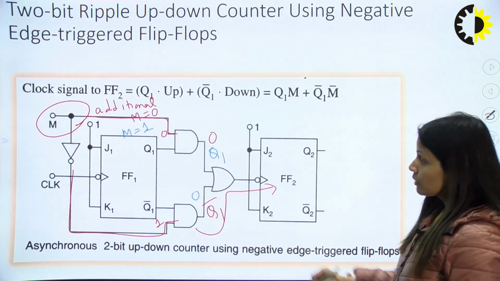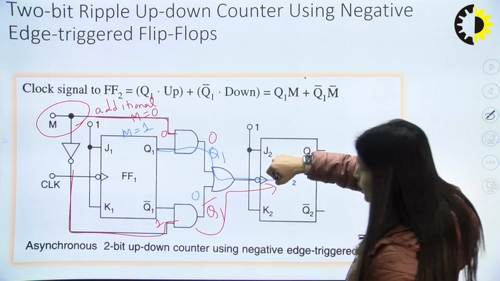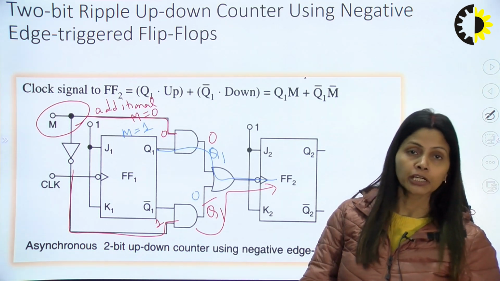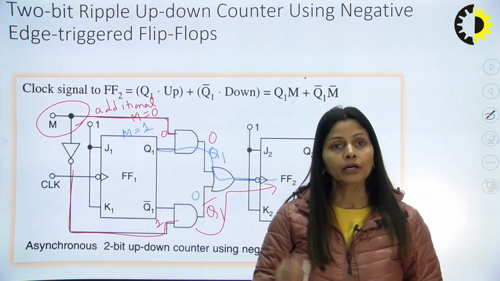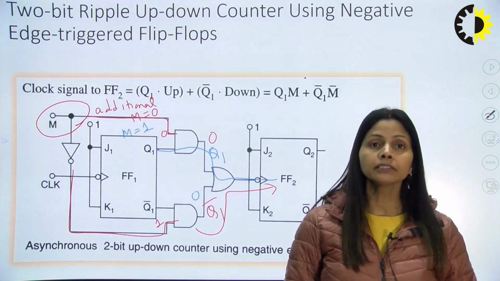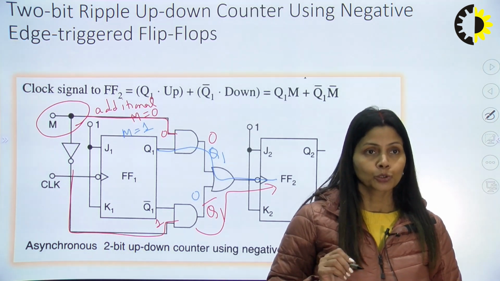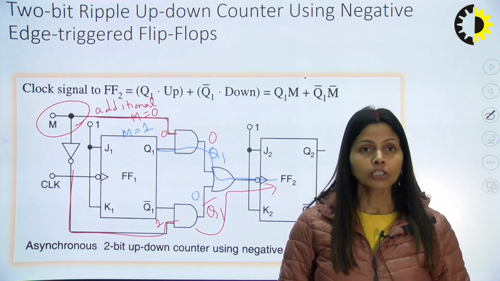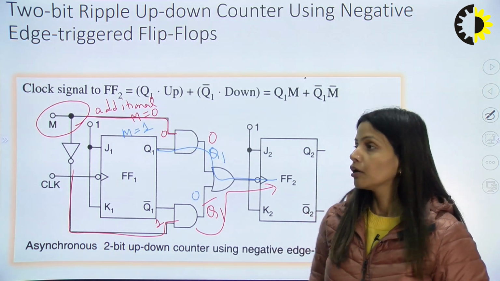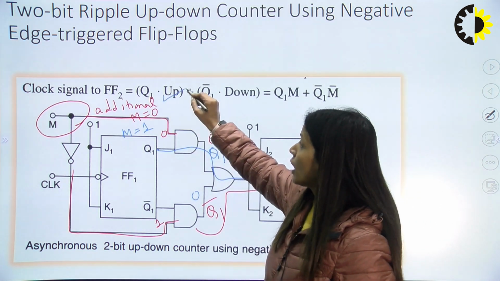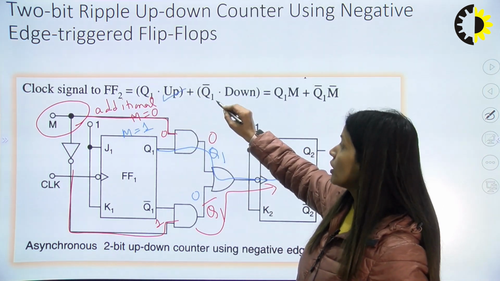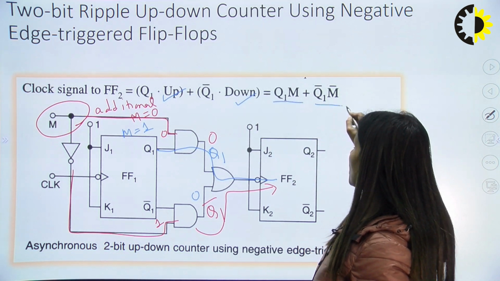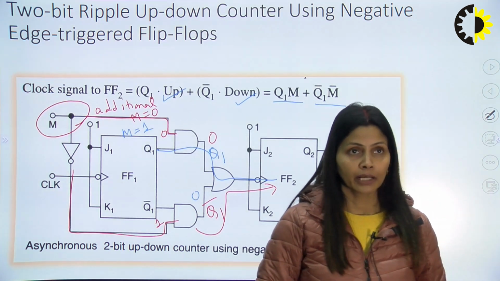Then my Q1 will be connected to the negative edge triggering of the next flip flop, and the counter will work as an up counter. So in conclusion, I can write the clock signal of flip flop 2 as Q1 into up plus Q1 bar into down, that is Q1 M plus Q1 bar M bar, right.